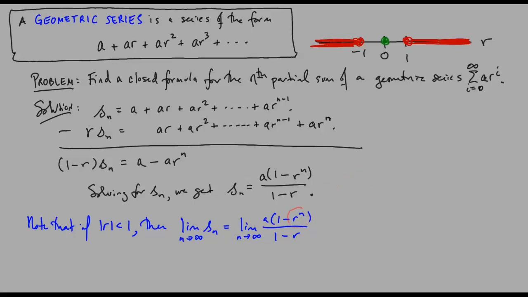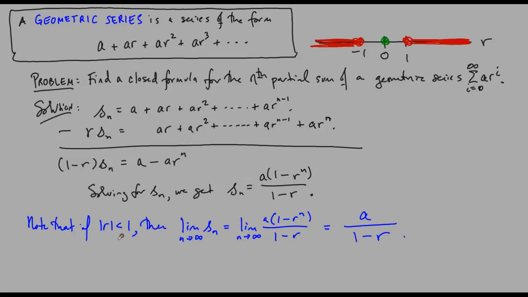It's going to 0 in the limit, which means that this limit is just going to be a times 1 minus this thing that vanishes, so times 1, so I don't need to write anything up there, over 1 minus r. Hallelujah! What have we just deduced?